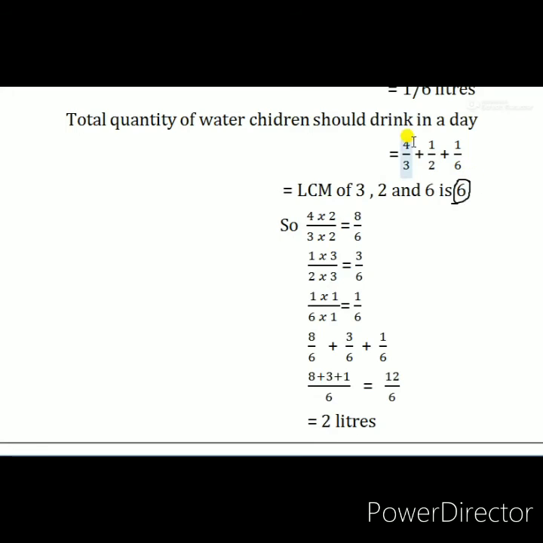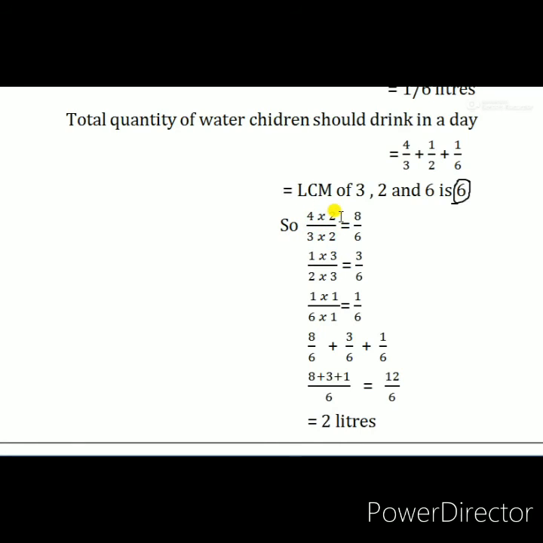Now we have to convert all these fractions to like fractions. For that purpose, we have to use the LCM. The first number is 4 upon 3. To convert the denominator into 6, what do we have to do? 3 multiplied by 2 is 6, so we multiply both the numerator and the denominator by 2.